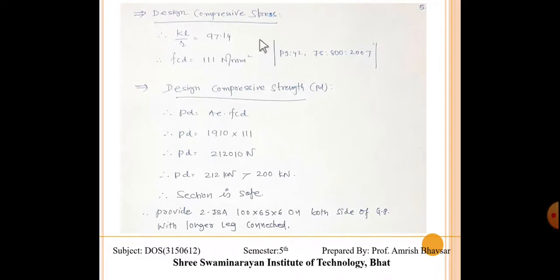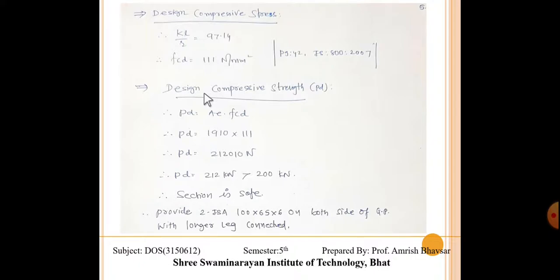Clear? So always in a design we have to take into consideration that first we have to assume KL upon R, and after that find out the required AG.